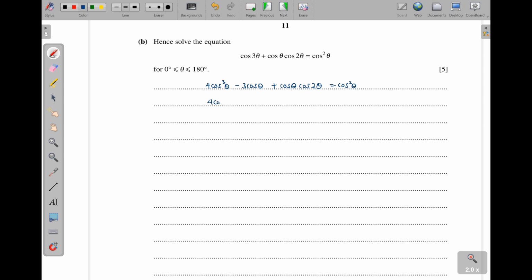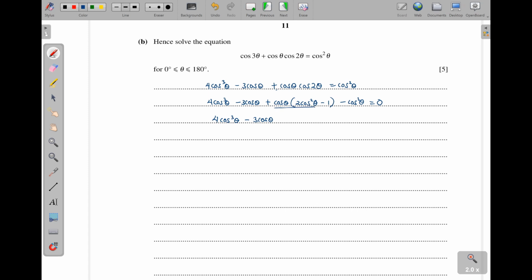Now this is 4 cos cubed theta minus 3 cos of theta, plus, I can break this one down in terms of cosine of theta, which is 2 cos squared theta minus 1. Okay, I can even bring this cos squared theta this side, then I have a 0.